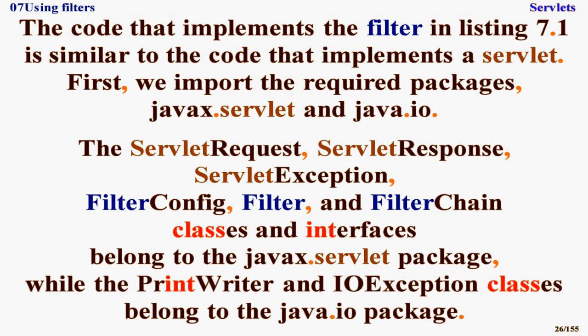1 is similar to the code that implements a servlet. First, we import the required packages, javax.servlet and java.io. The ServletRequest, ServletResponse, ServletException, FilterConfig, Filter, and FilterChain classes and interfaces belong to the javax.servlet package, while the PrintWriter and IOException classes belong to the java.io package.